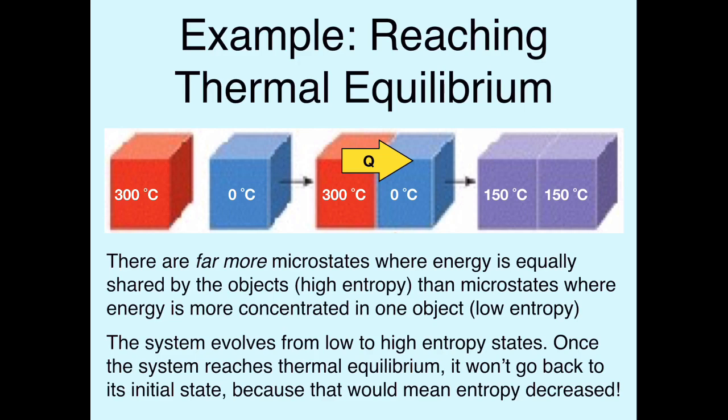Because there are so many more microstates that look like this, where the energy is evenly spread out, compared to microstates that look like this, where it's all concentrated over here, this is a high entropy state that we end up with, and this is a lower entropy state, the one that we started with. So all that's happening is the system is evolving from a low entropy starting point to a high entropy endpoint, and we know that entropy doesn't decrease, so we don't go back to where we started. Once you reach thermal equilibrium, that's it. You don't go back to the initial state.